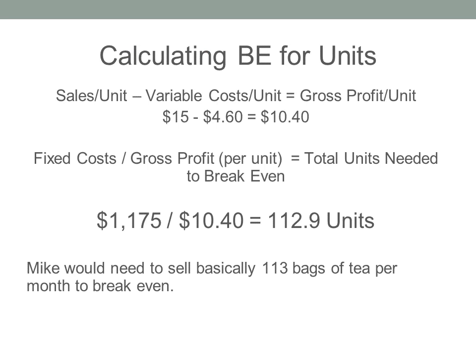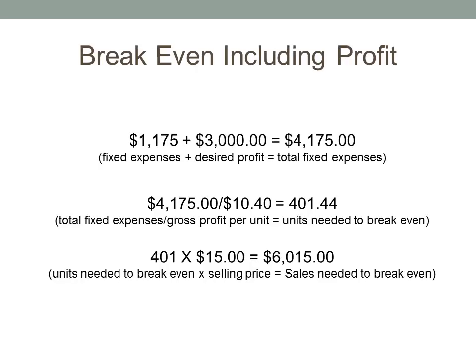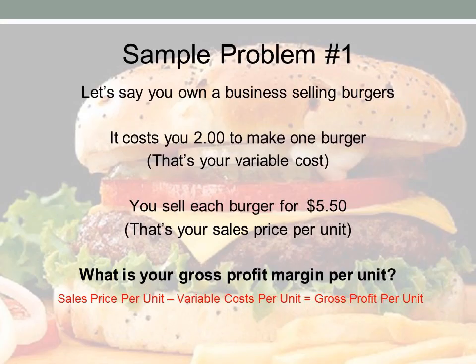They will actually take it and add it to their previous sales. Sorry, I kind of lost my place there, but I hope that makes sense. Always remember you have to add the desired profit to your fixed expenses and then redo your calculations all over again. Otherwise, it will come up majorly wrong.